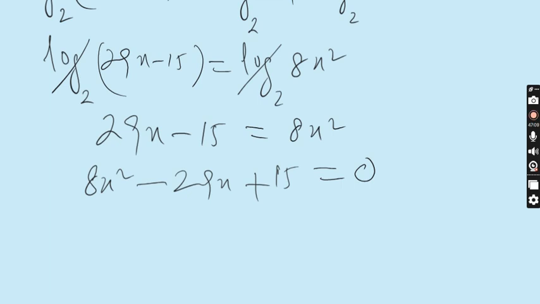Applying the middle term break method, 15 8s are 120, 8x square negative 24x negative 5x plus 15 is equal to 0.